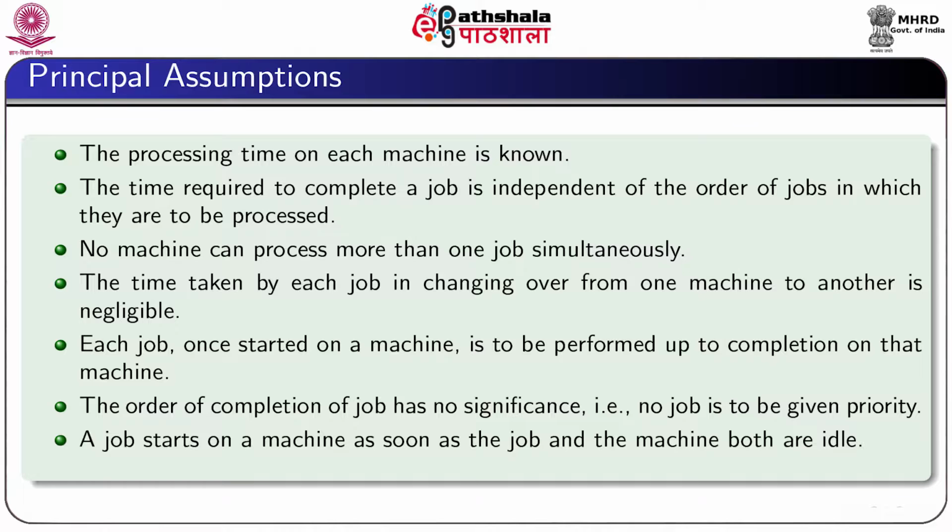The order of completion of jobs has no significance at all, that is, no job is to be given priority. A job starts on the machine as soon as the job and the machine both are idle. So, these are the principal assumptions which we usually make in job sequencing problems.